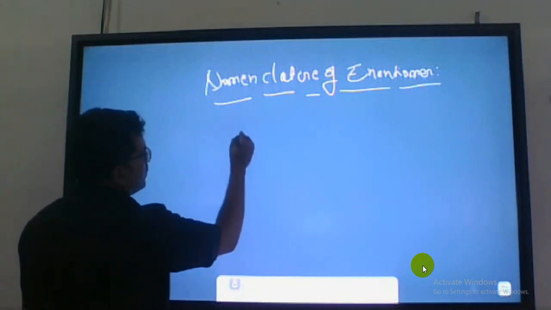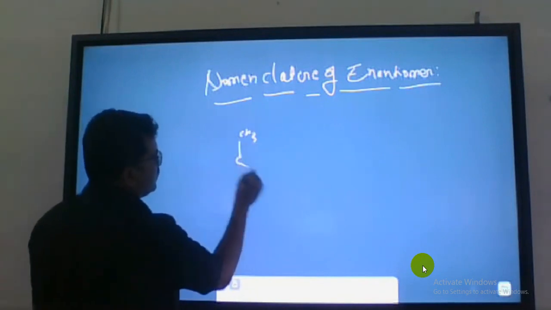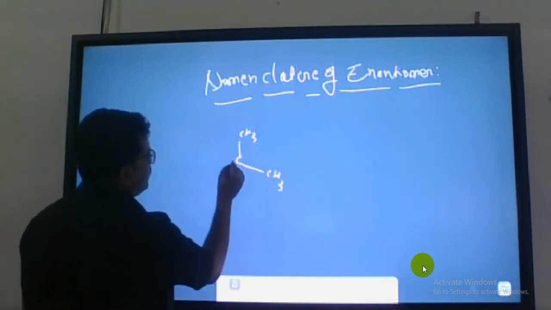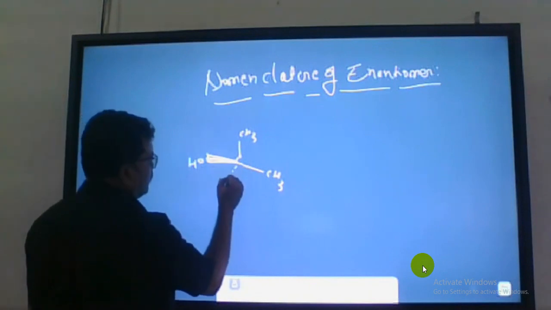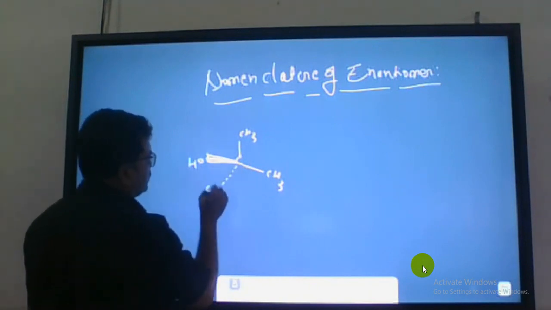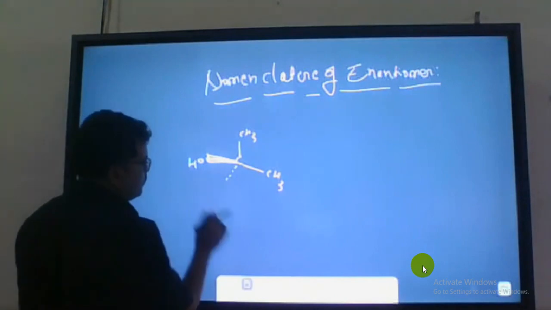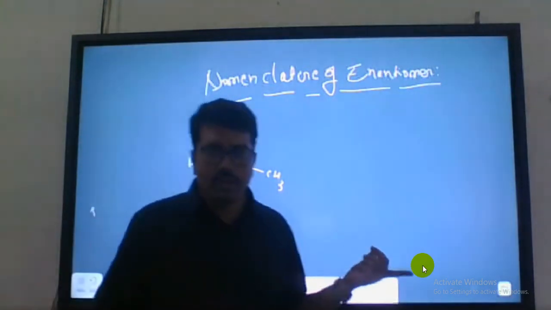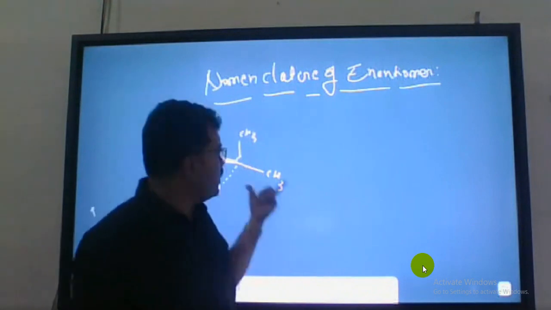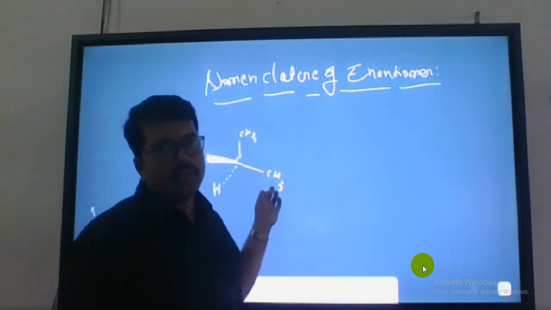Enantiomers with one asymmetric carbon are easy to deal with.